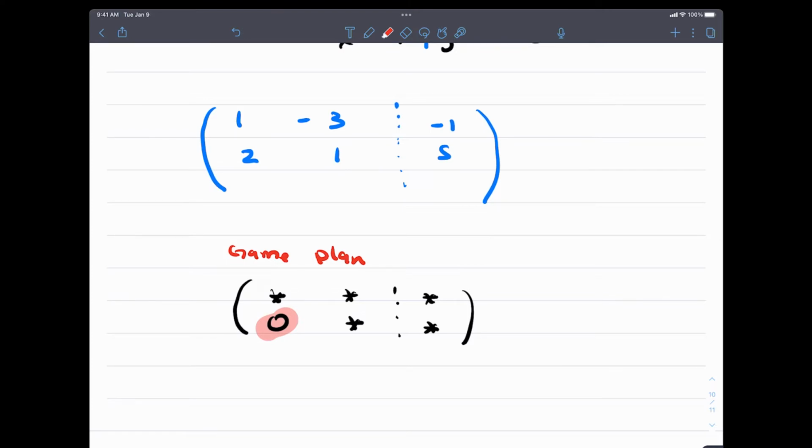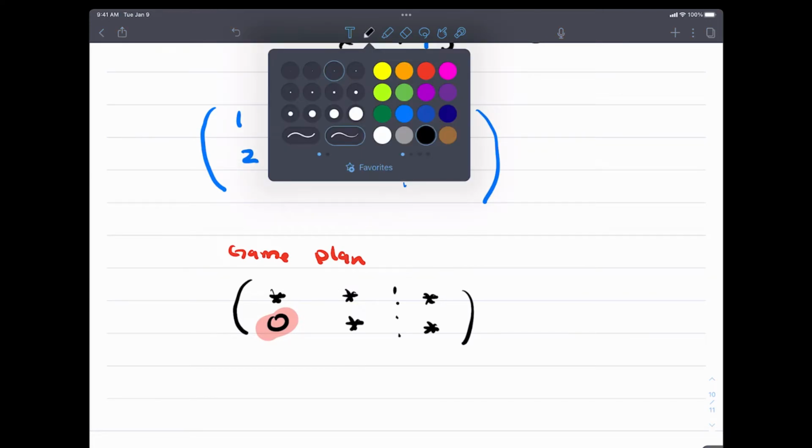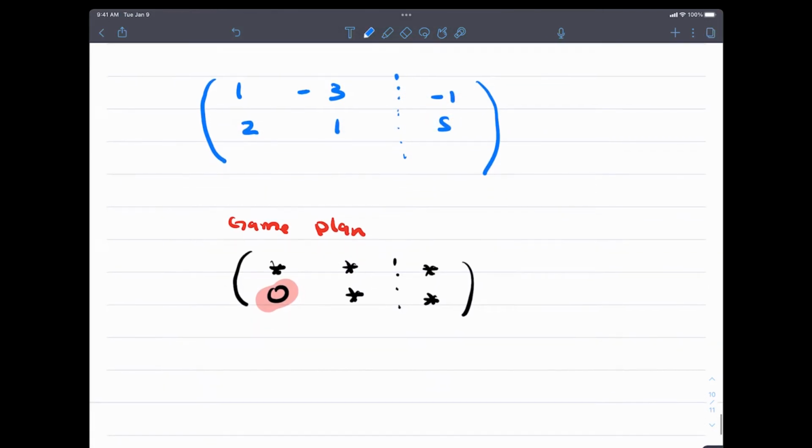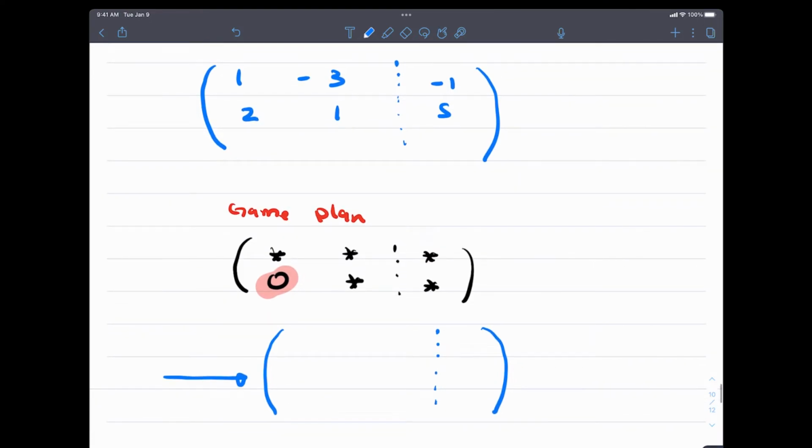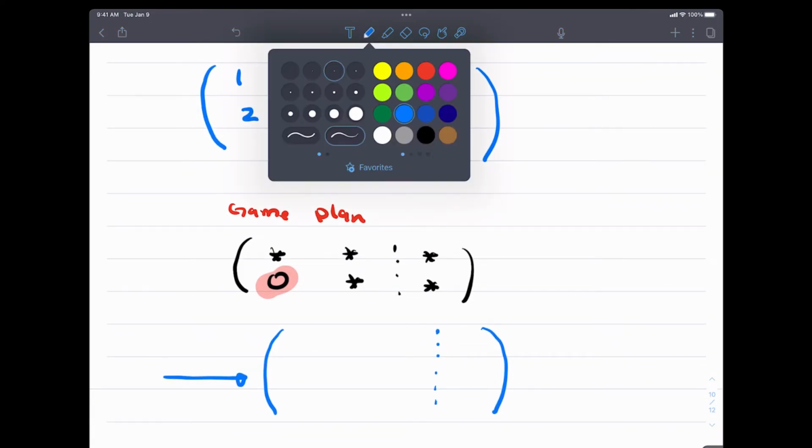Okay, now I want a 0 in that lower left corner. How do we get 0? We got to use the row reduced echelon. We got to use what? What's it called? Yes, elementary row operations. Yes, you're going to use elementary row operations. Okay, so tell me, how do we get a 0 in that entry?